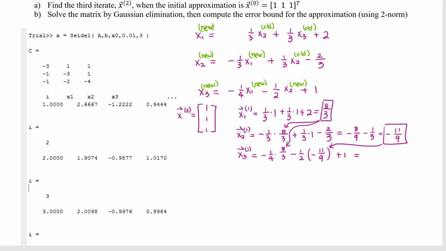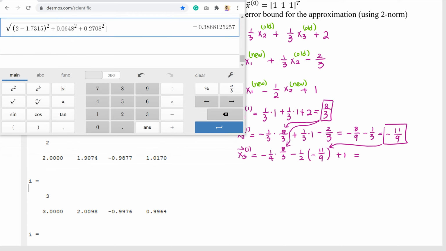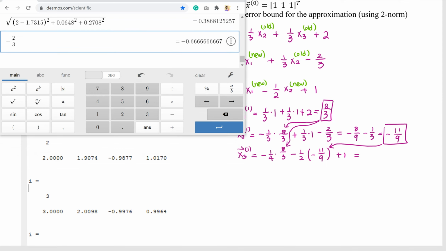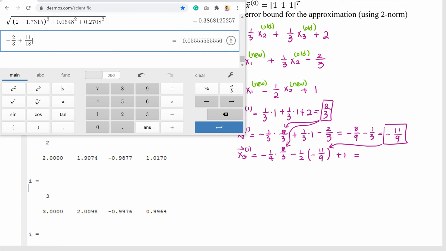Okay, let's use the calculator. Here 8 and 4 cancel, so we get minus 2/3. Minus becomes plus. 11/2 times 9 is 18. And then plus 1.